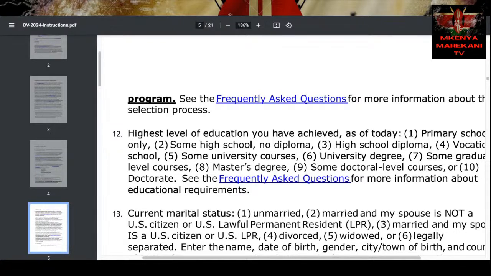Somebody is asking here, if one is in the US, can he or she apply for someone not in the US? Yes, but they will just check your area of eligibility. Like if you're applying for somebody who is in Kenya, they will not notice that it's you who applied for them. It's the place of birth that will count.